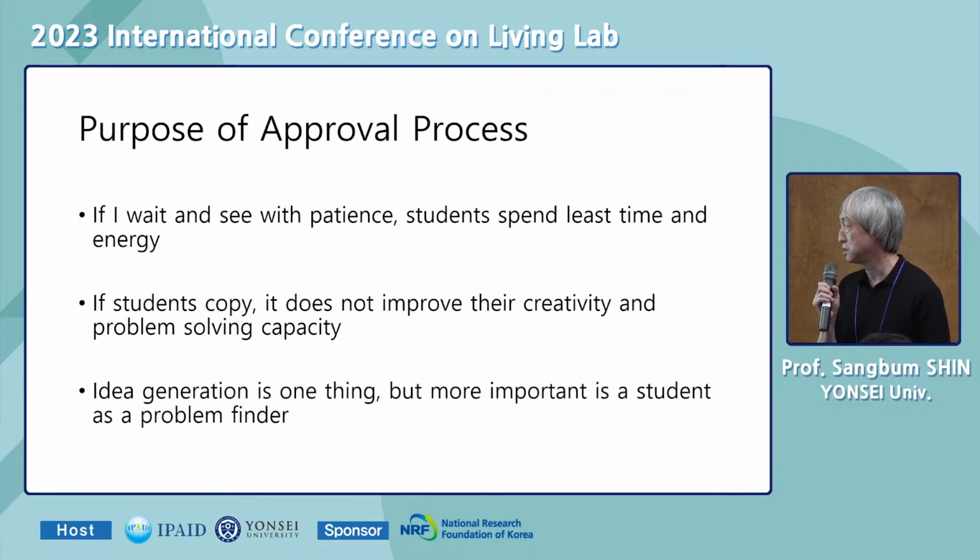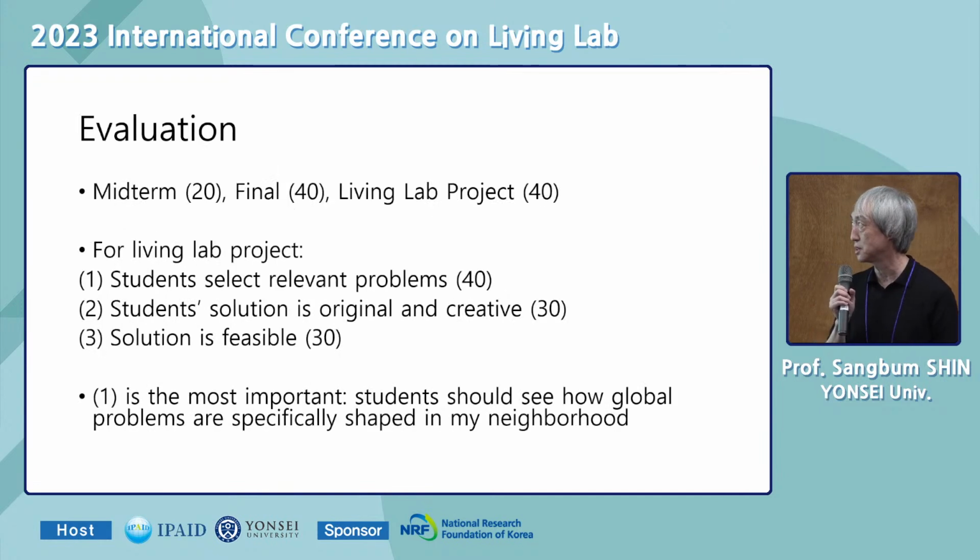Idea generation is one thing, but more important is the student as a problem finder. We talked about this when we were at dinner over wine. Students as problem finders, in my opinion, this is the most important part in the Living Lab process. Evaluation: midterm 20%, final 40%, Living Lab project 40%.